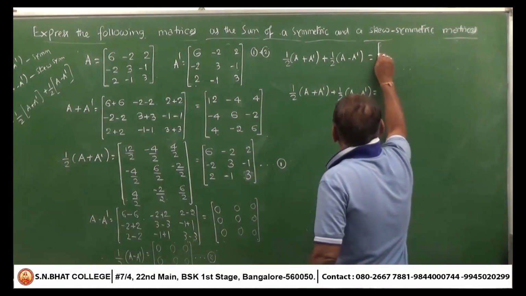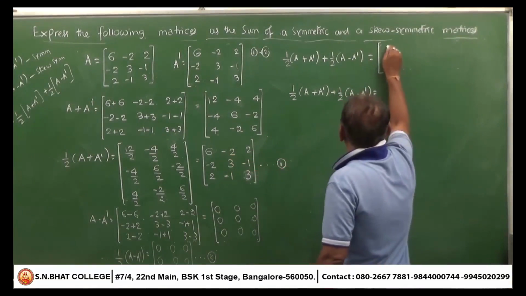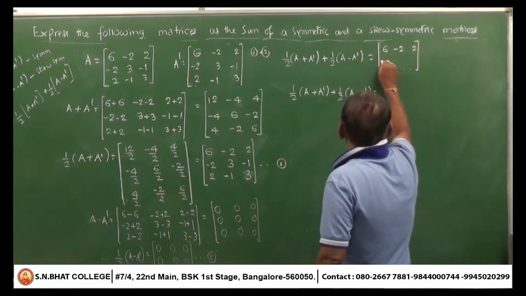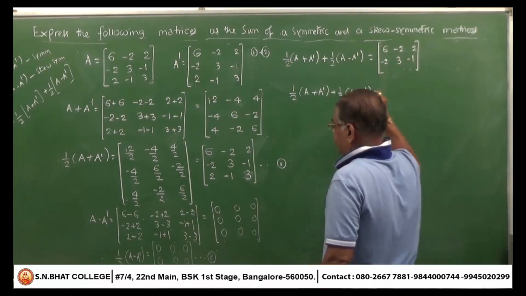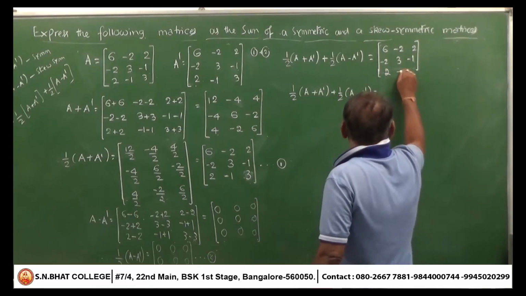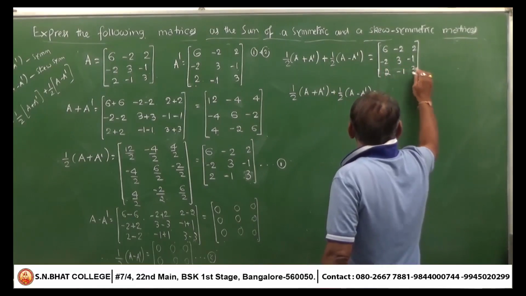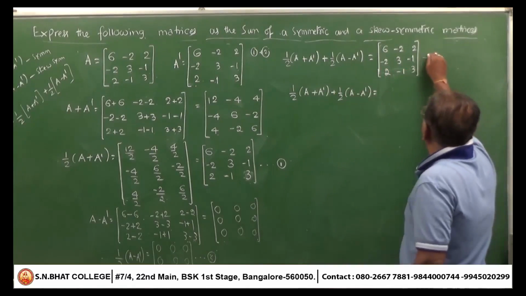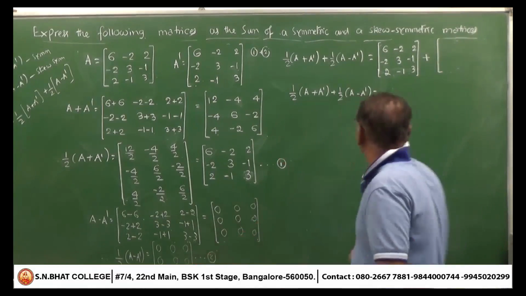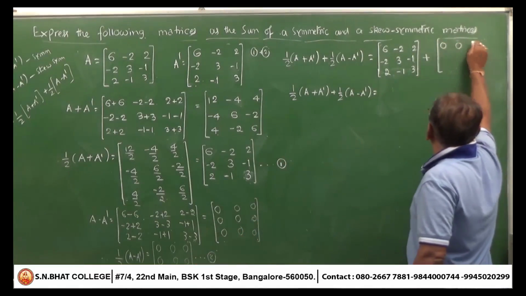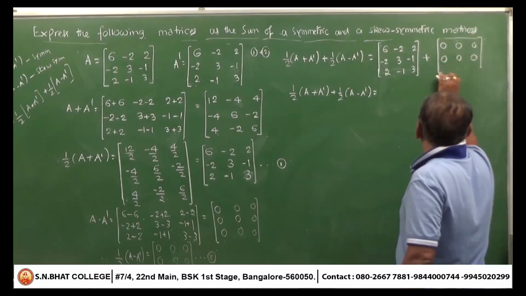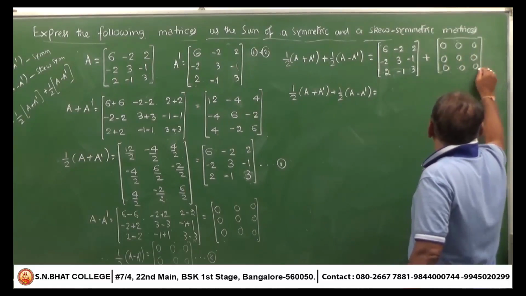This is half into A plus A transpose, 6 minus 2, 2; minus 2, 3, minus 1; 2, minus 1, 3, plus half into A minus A transpose, which is the zero matrix.